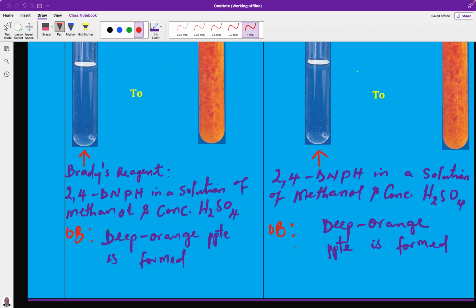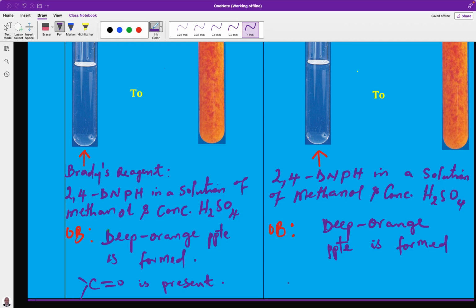The observation is a deep orange precipitate that is formed, showing that this group is present.